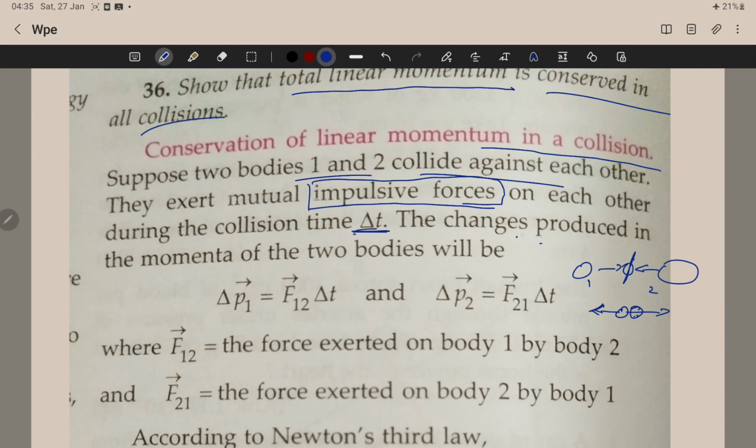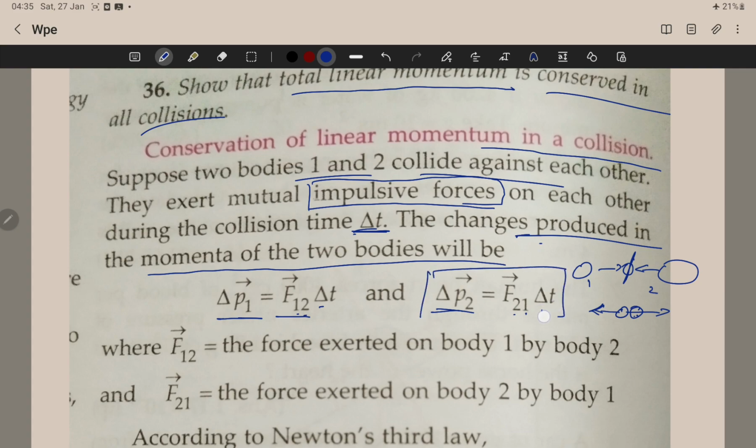The changes produced in the linear momenta of the bodies, represented by delta p1, is equal to F12 delta t, the force on one because of two, and delta p2 is equal to the force on two because of one, times delta t.